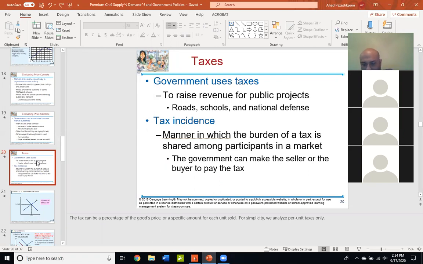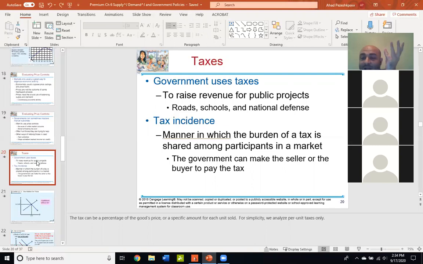Not hospitals here. Here, healthcare is. I still don't know how this healthcare system in this country works. Schools, roads, schools, and national defense. These are what government services are. And in order to benefit from these services, we need to pay for it because they cost money.